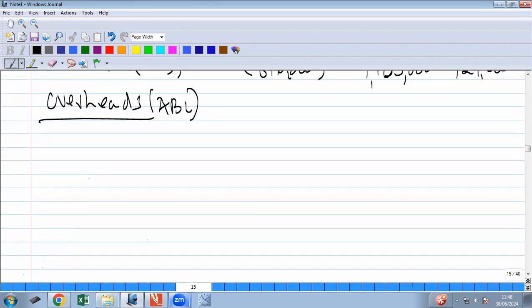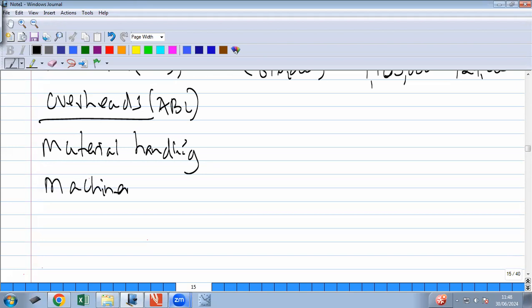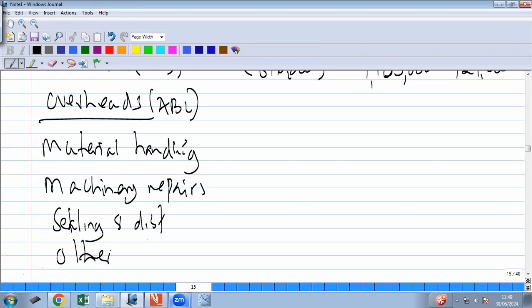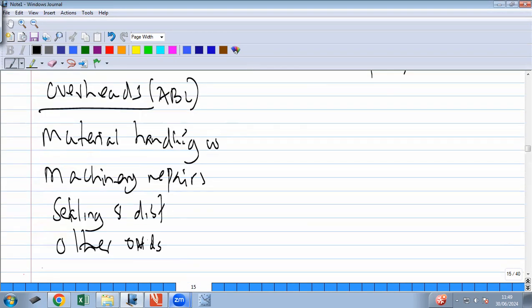We have material handling, we have machinery repairs, and selling and distribution. Then we have other overheads. Correct? Okay, so we can say this is our working number 4, 5, 6, and 7.